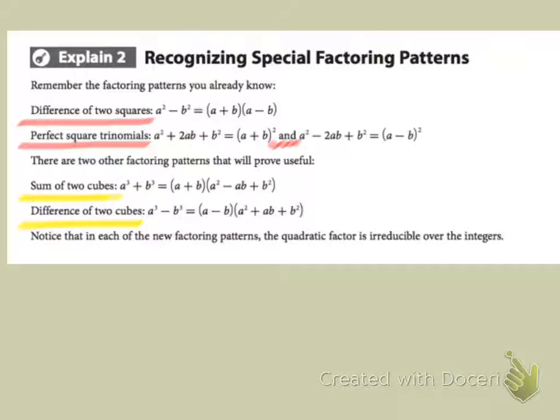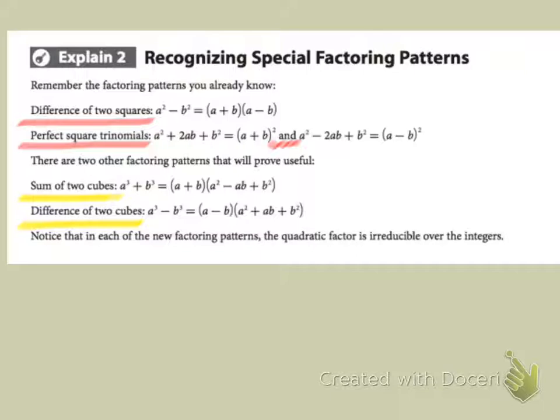Now, perfect square trinomials, we've done quite a bit of work with those. Remember that perfect square trinomials start with a perfect square, they end with a perfect square, and the middle term is twice the product of the square roots of the first and the last terms. And it doesn't matter whether the middle term is positive or negative. It still would create a perfect square trinomial were that pattern to hold.